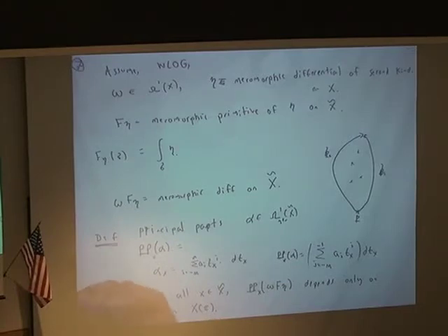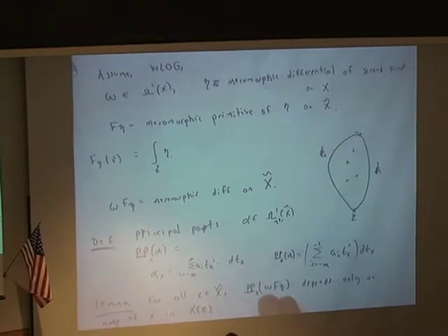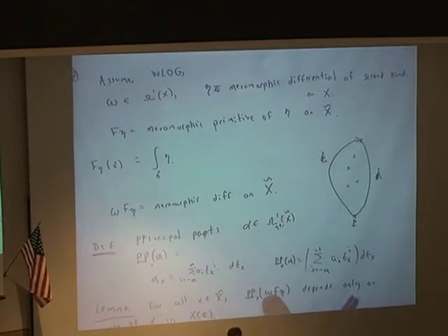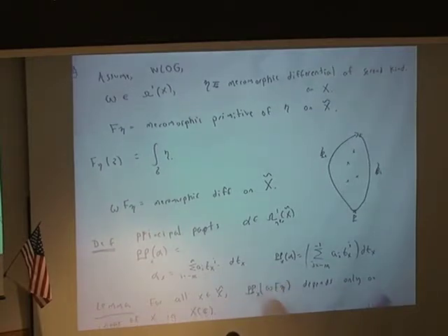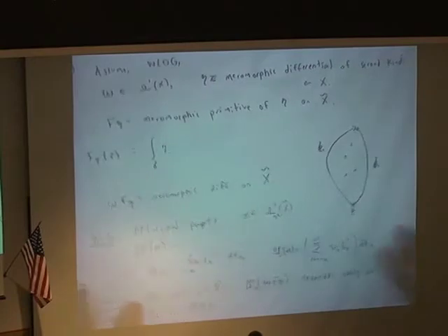It's an easy exercise. The point is that if you translate omega f eta by something in the fundamental group of the curve, then omega is invariant because it comes from a differential downstairs, and f eta changes by a constant because its d, its image under d, is an invariant differential. So the whole thing changes by a constant times omega. But omega is regular, so the principal part doesn't change. That's the idea of the proof.